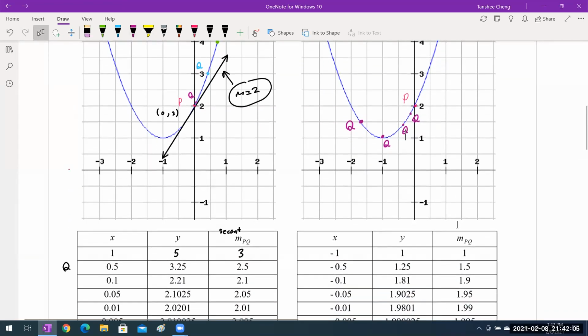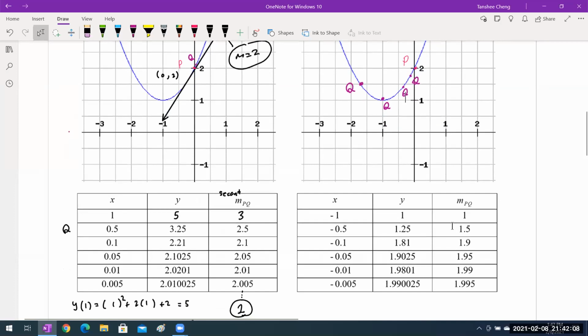So we look at the chart right here. My first Q has X coordinate -1, which is right here. This is the point that we are talking about. And my Y coordinate is 1. And the slope of the secant line PQ is 1.